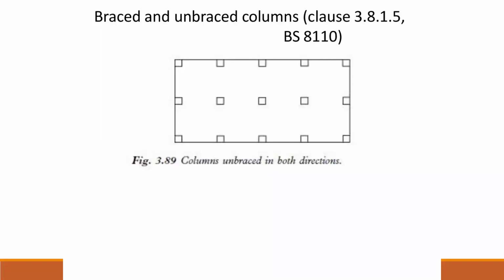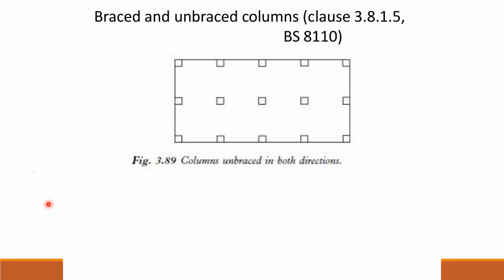The design parameters and design procedures of these were different, and the design procedures change from place to place, and also brace to brace, brace to unbrace, short to slender, etc. Okay, so this is the introduction on column classification.